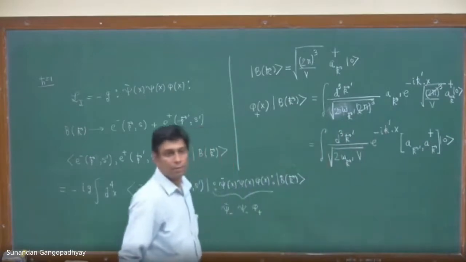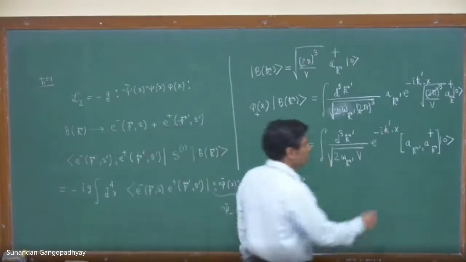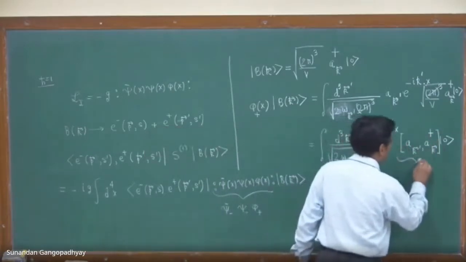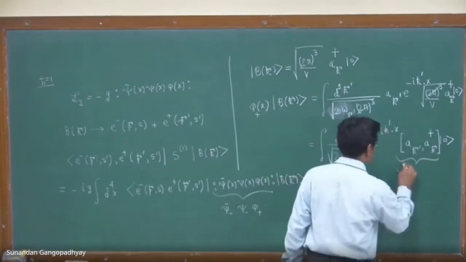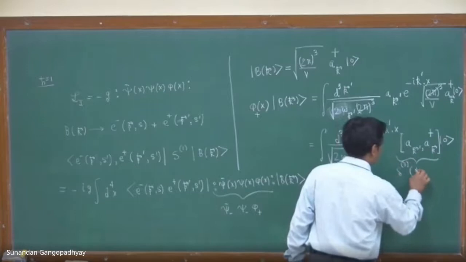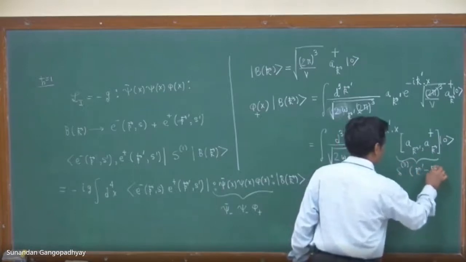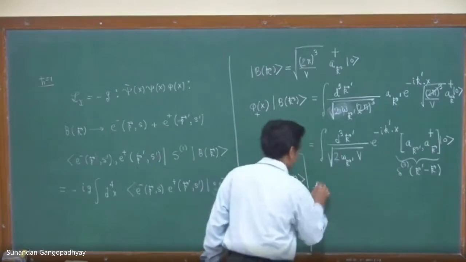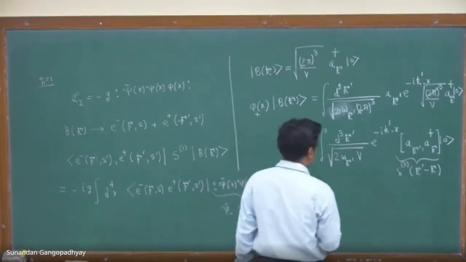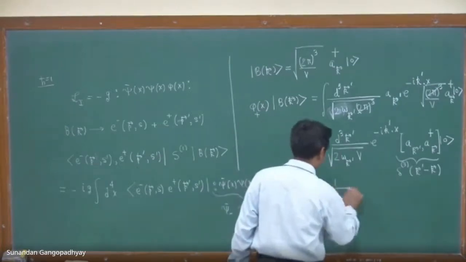You can replace it by a commutator because the other term will be 0, and the value of this commutator is a delta function of the vectors. So you can perform this a prime integral now.